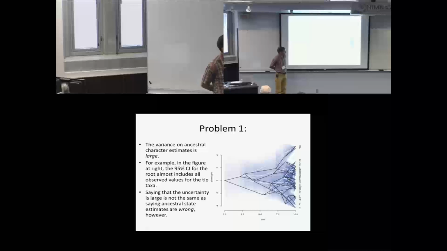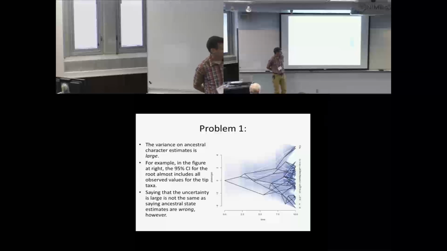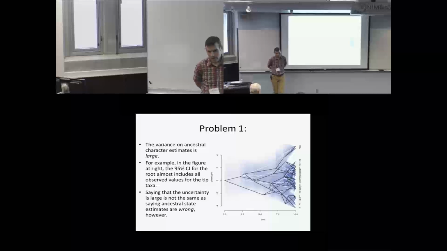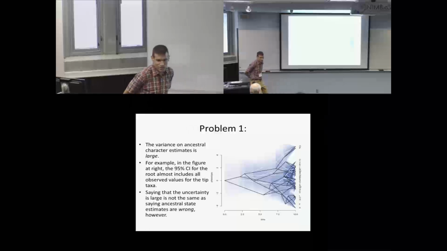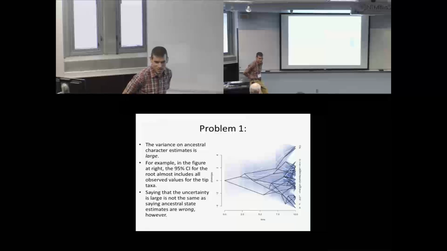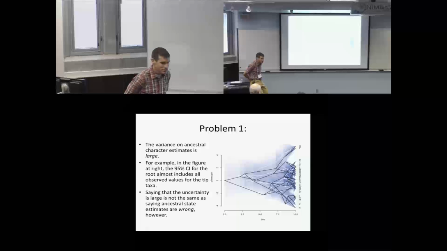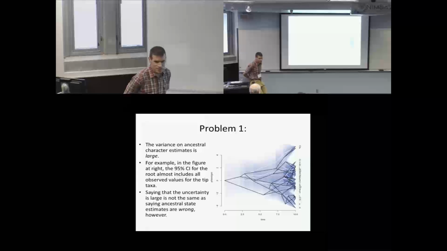You tend to be able to be much more confident about the states more recently in our tree, and in fact, in a limiting case, if we have an edge of zero length at the tip, we know that the state exactly under Brownian motion must be equivalent to its sister, or its ascendant. So, at least under Brownian motion, right? That doesn't avoid this issue of what happens if the models we're using are not suitable for the data that we have, but.